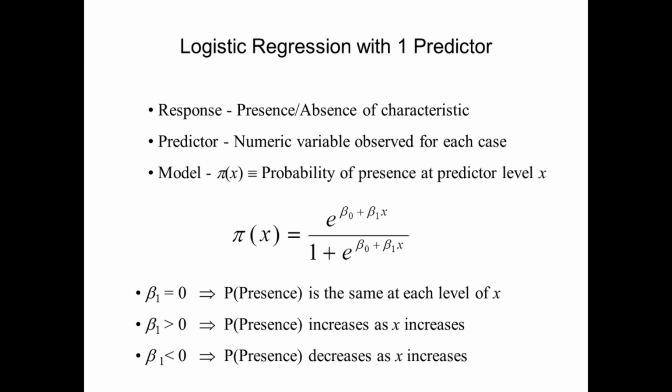So beta 1 is a coefficient which can have many values. When beta 1 is equal to 0, it means that the probability of presence is the same at each level of the variable x.